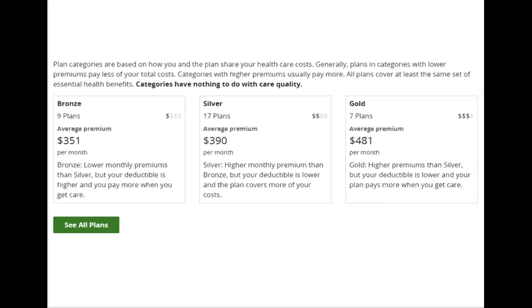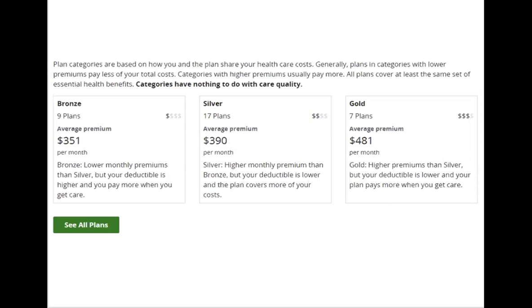So when you work for an employer, your employer pays a portion and you pay the other portion. Your employer generally pays a larger portion, or they could pay half. So the computer said, this is the premium for the bronze, the average, and then the gold.